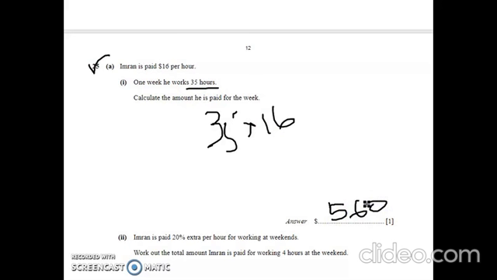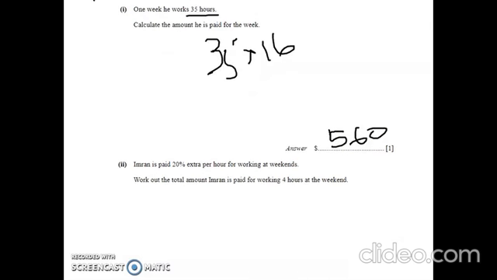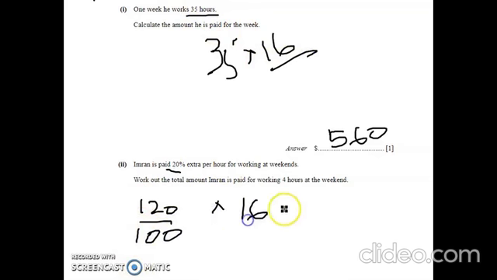Imran is paid 20% extra per hour for working at weekends. So if he's working at weekends, he'll be paid extra. Work out the total amount Imran is paid for working 4 hours at the weekend. So 20% extra, that means he will be paid 120%. The 100% already, that is for 16, and then 20% extra. So 120% of 16, let's take out that value.